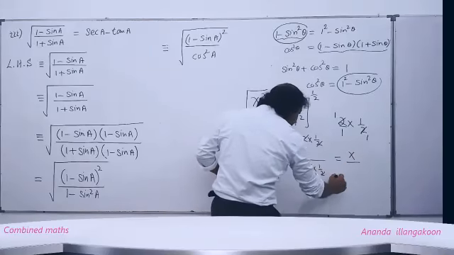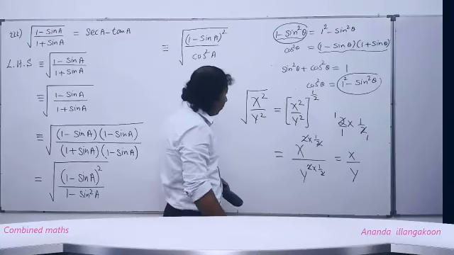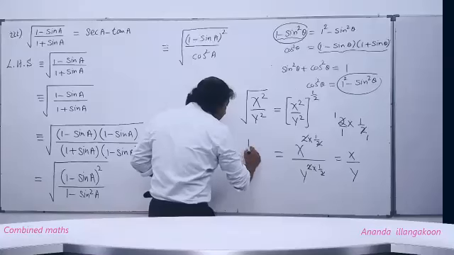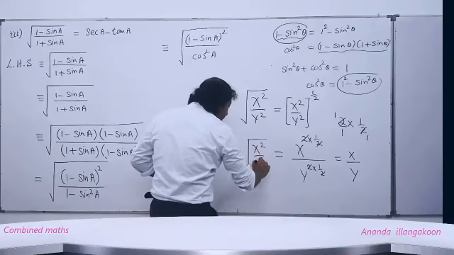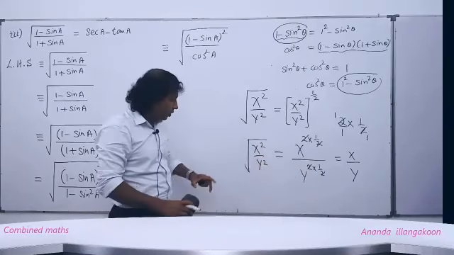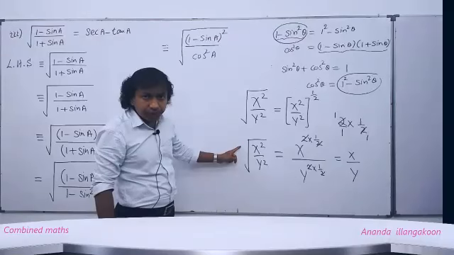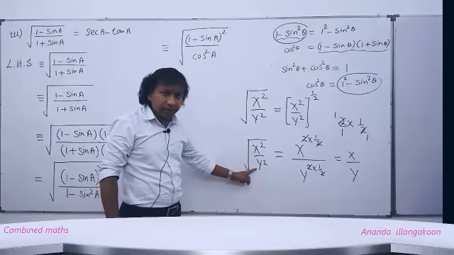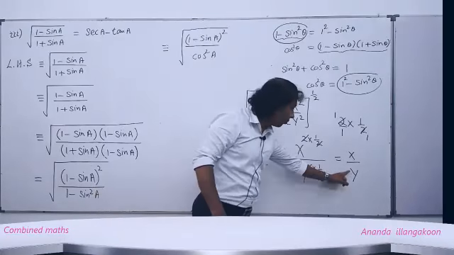Similarly here we get 1. So therefore, the answer of this, the square root of x squared upon y squared, is equal to what? x upon y. Understand, people?